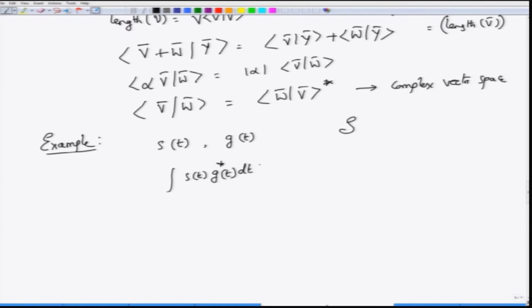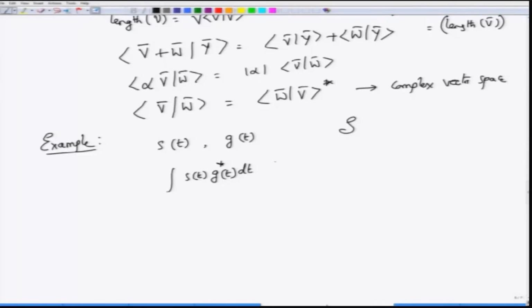I can assume that these signals are complex valued signals. For real valued signals, you simply have to drop this conjugate term, okay. So this would be S of t multiplied by G complex conjugate of t and then integrated over the duration, whatever duration you have considered originally for the two signals, right. And now let us see whether this particular definition, this would be the inner product of the vector S of t and G of t, this is the definition.